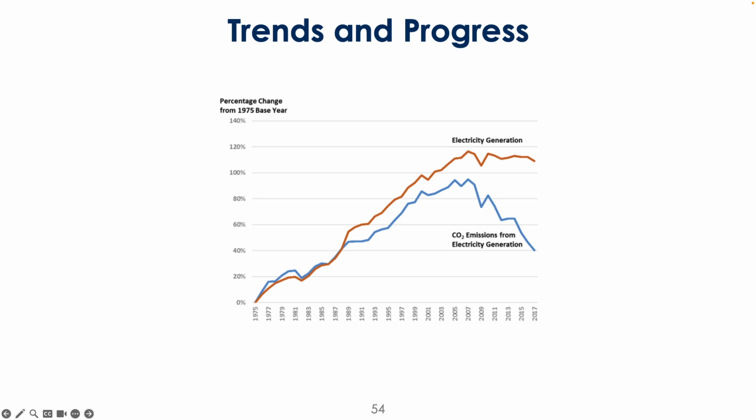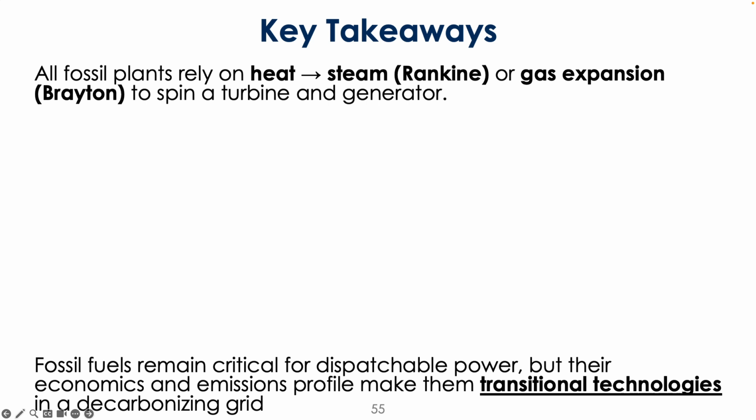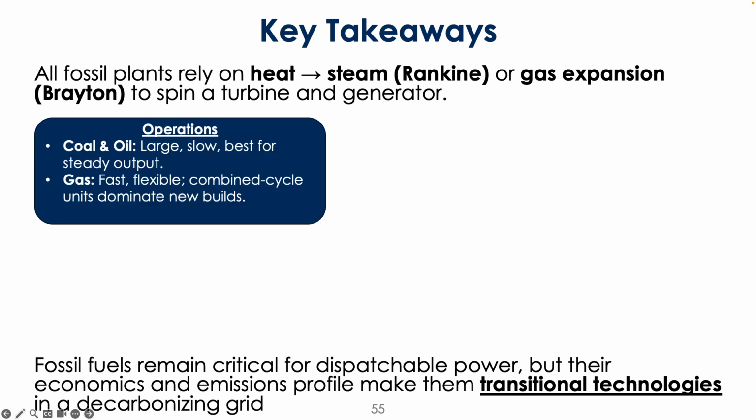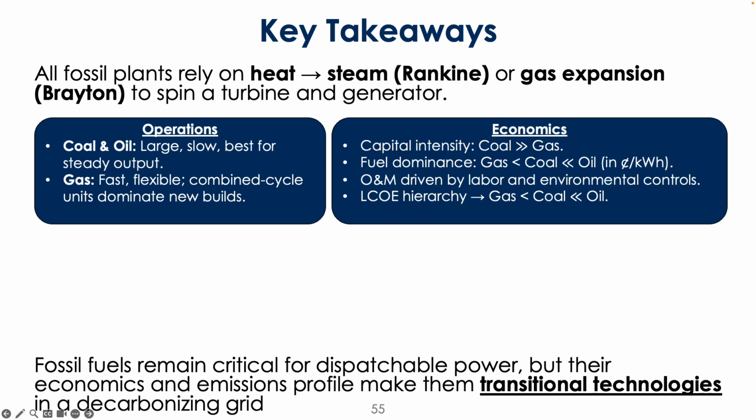So we'll close out. Key takeaways: everything relies on spinning a turbine and a generator. For operations, there are things to think about that are different about these generators. The economics piece of it plays a role in why we see things getting used.